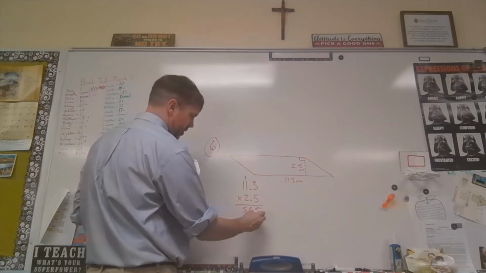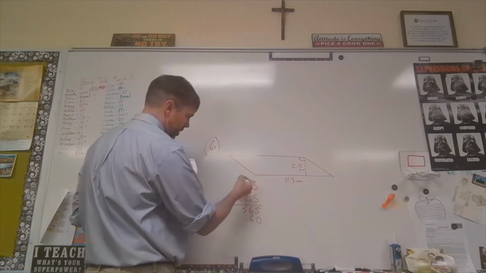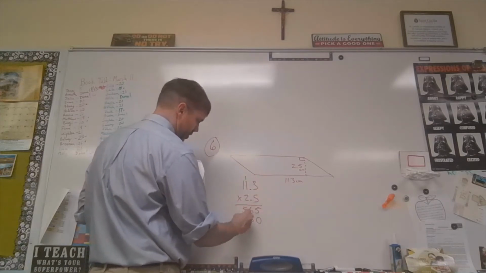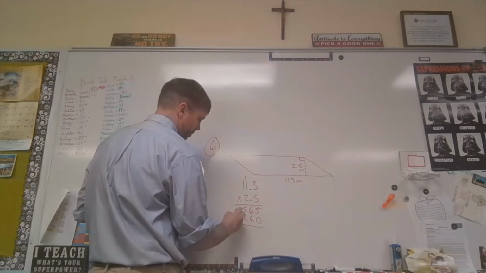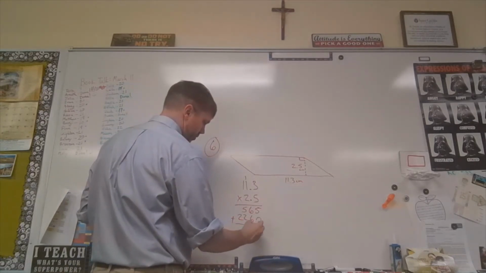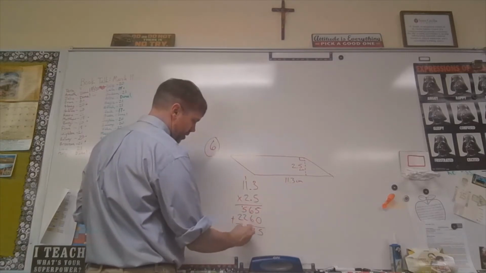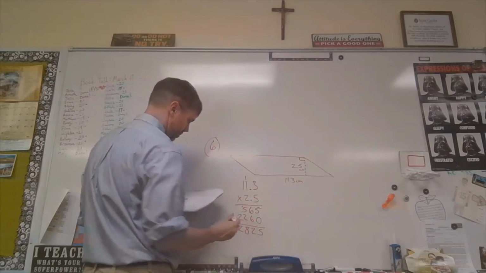Then we go a 0, and then 2 times 3 is 6, and 2 times 1 is 2, and 2 times 1 is 2. And then we add them up, okay? So far, pretty easy. You guys should all remember how to do this, hopefully. That's going to be an 8 and a 2.